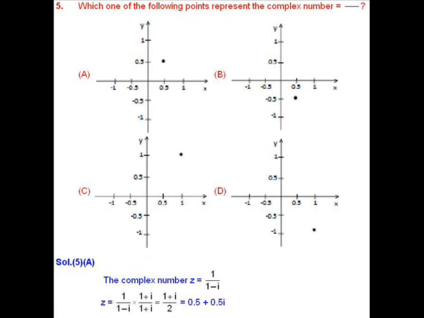That implies z equals (1 plus iota) divided by 2. So z equals 0.5 plus 0.5 iota. So according to the options, the real number is represented along the x-axis and the imaginary number is represented along the y-axis. So option A is correct.